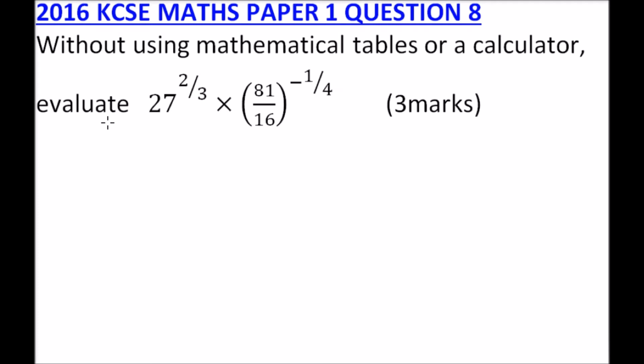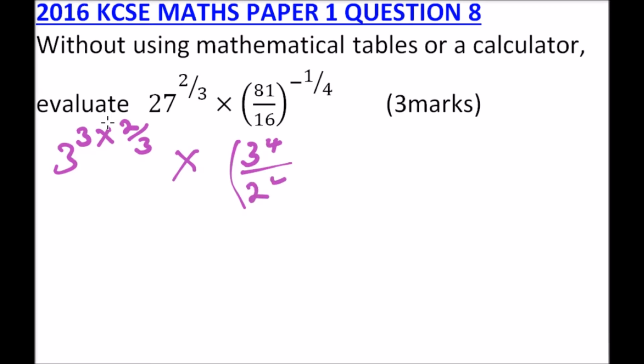So 27 is the same as 3 cubed, and you multiply by 2 over 3, you multiply by, now here 81 is the same as 3 to power 4, divided by 16 which is 2 to power 4, into bracket 2 power minus a quarter.